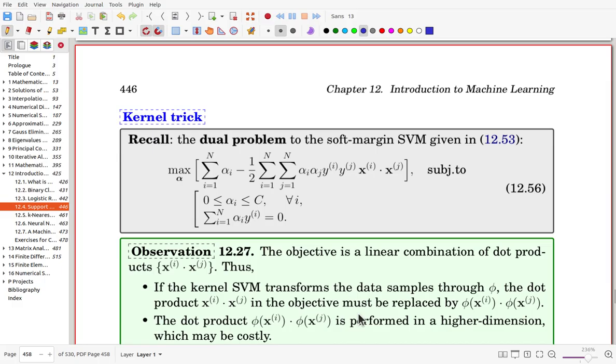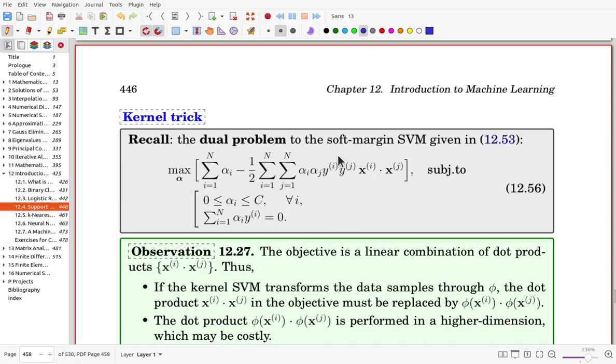Now, however, explicit expansion of the dimension is cumbersome and also time consuming. So we need a little bit of a trick. In order to make the trick, let's recall the problem.